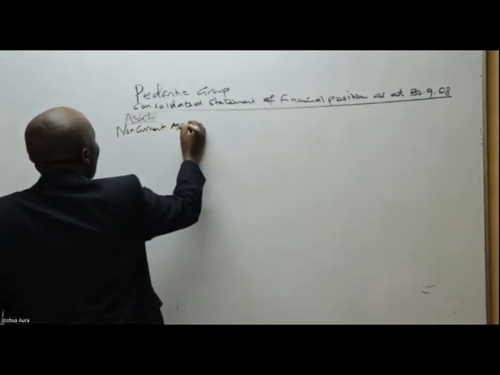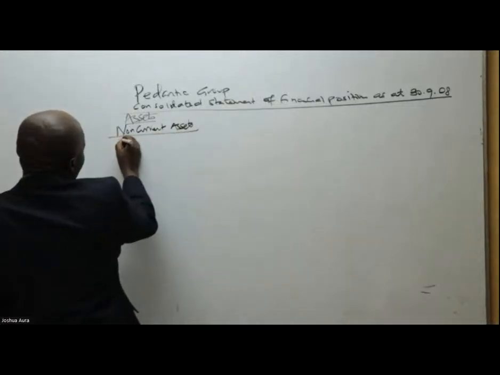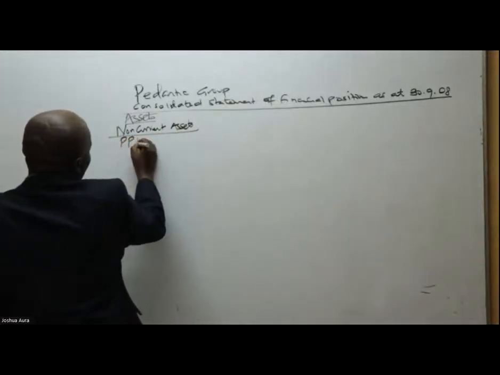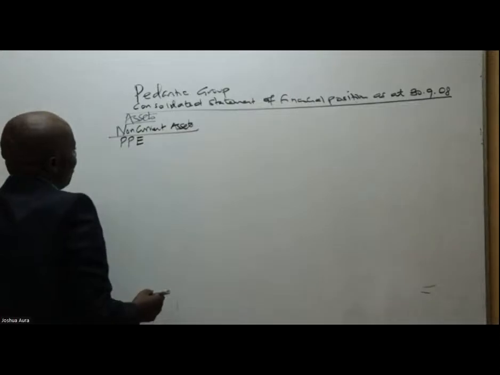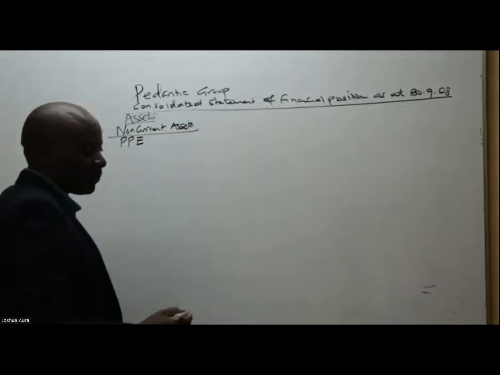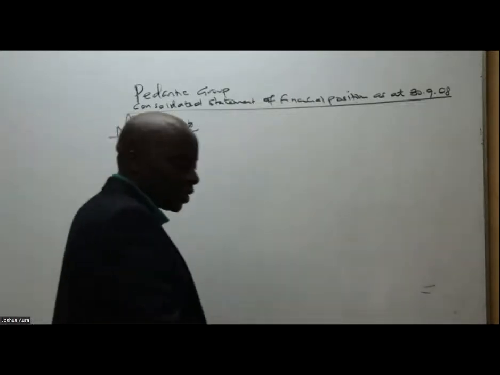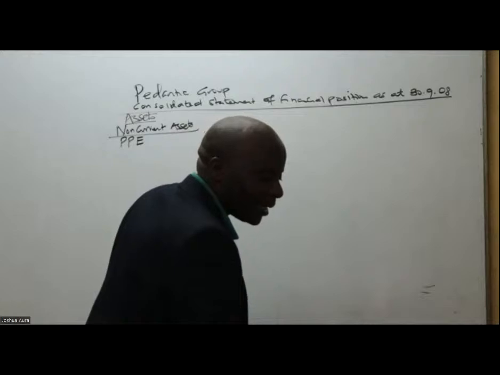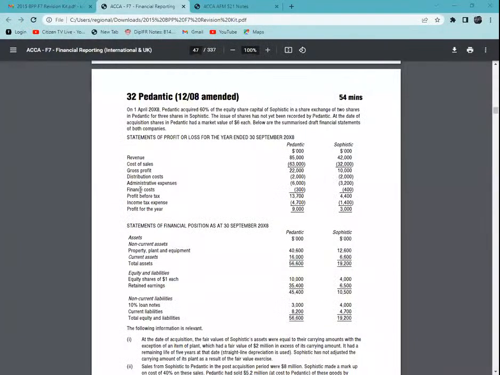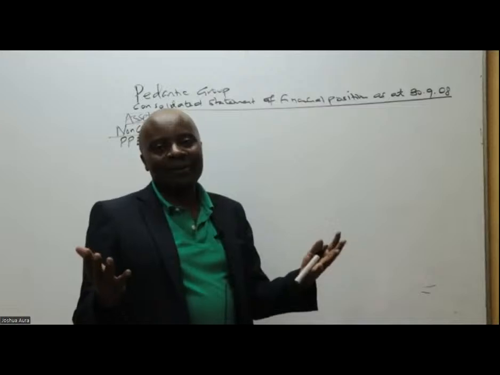The first one there is property, plant and equipment. Under non-current assets, even if I'm not told, so long as I've got subsidiaries, I must create a provision of goodwill for my subsidiaries.